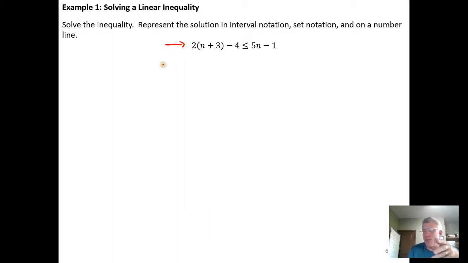The only thing that we have to watch out for is if we negate both sides of the inequality. As we saw in the previous video, we have to change the direction of the inequality sign.